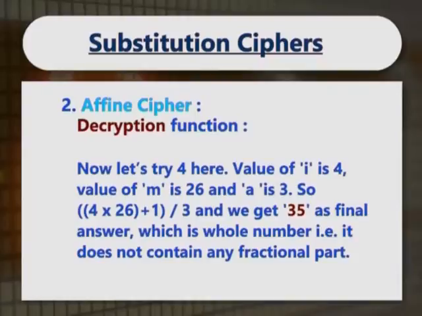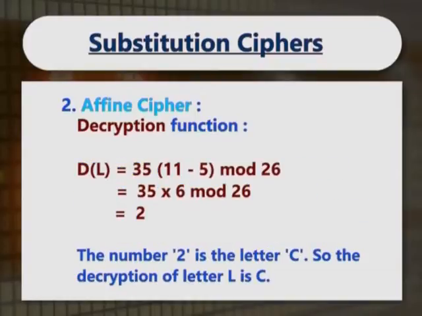We have just found the multiplicative inverse of a, which is 35. Now, put all the values in the decryption function, that is d of letter L is equal to 35 into 11 minus 5 mod 26, and we get 2 as the answer. So, we can now check what number 2 is in our alphabet system, and the number 2 is the letter C. So, the decryption of letter L is C.